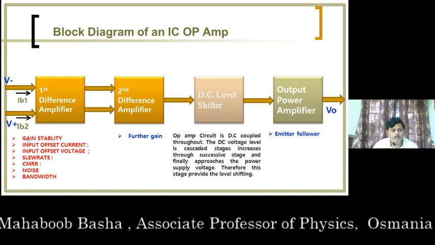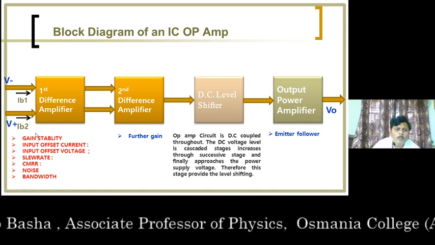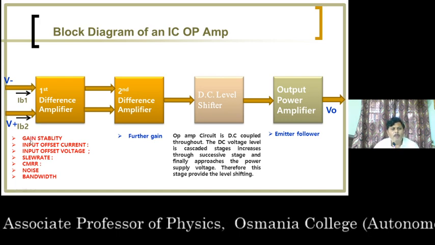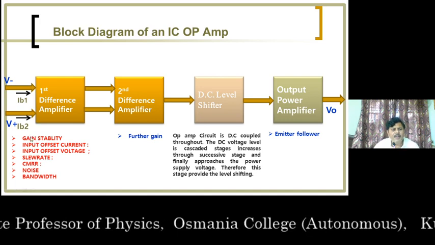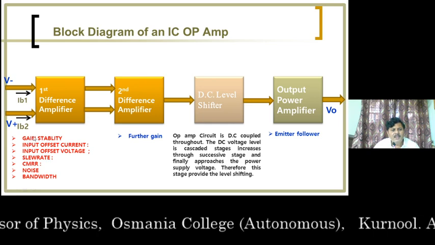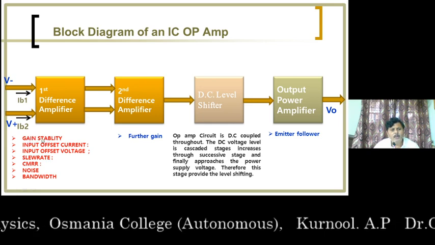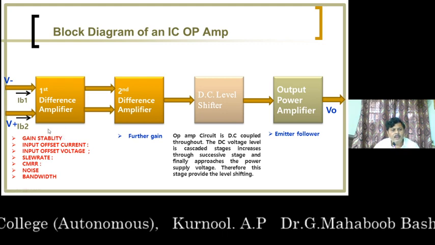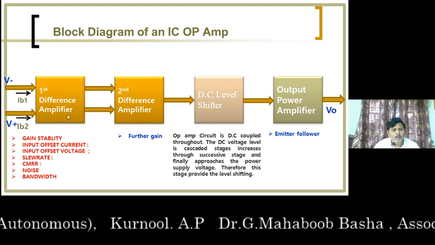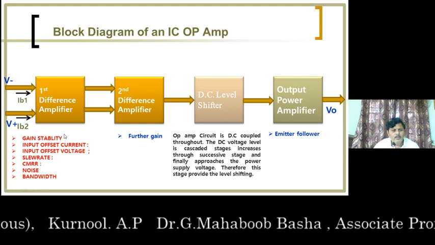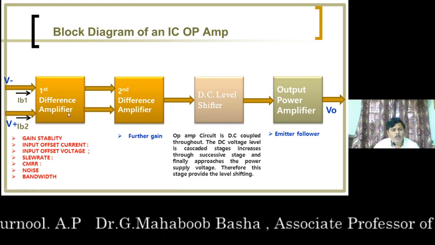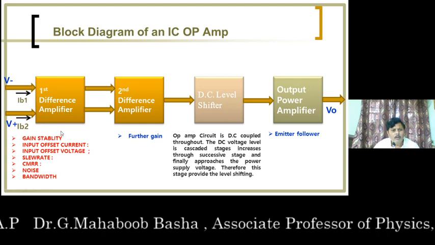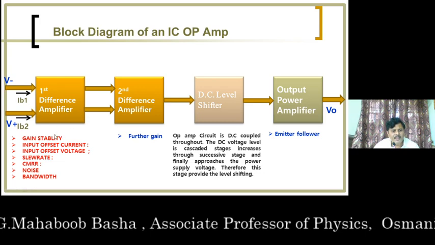The open loop gain, when we are using the op amp without feedback, is very high. Under ideal condition, it is taken as infinity. Practically, its value is 10 to the power of 5 to 10 to the power of 7. To control the gain, we use the op amp with a feedback arrangement. So here we have to apply negative feedback across the op amp to control its gain.